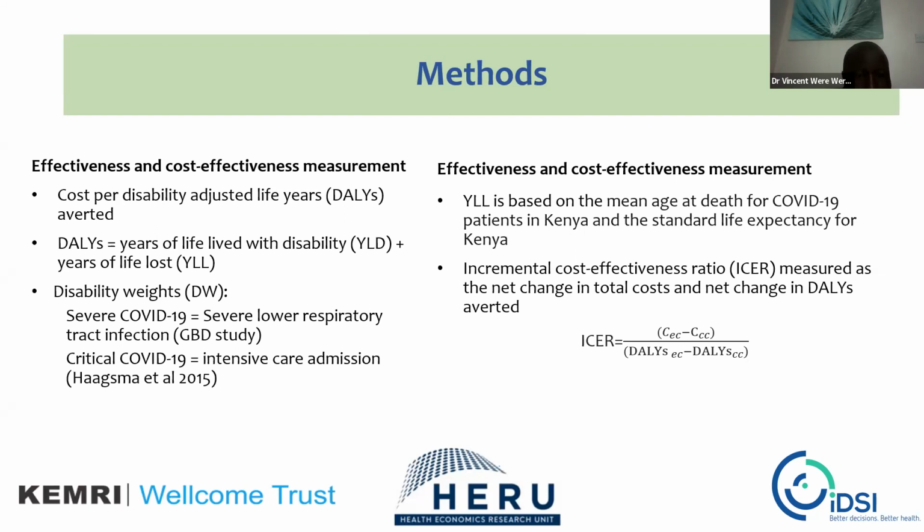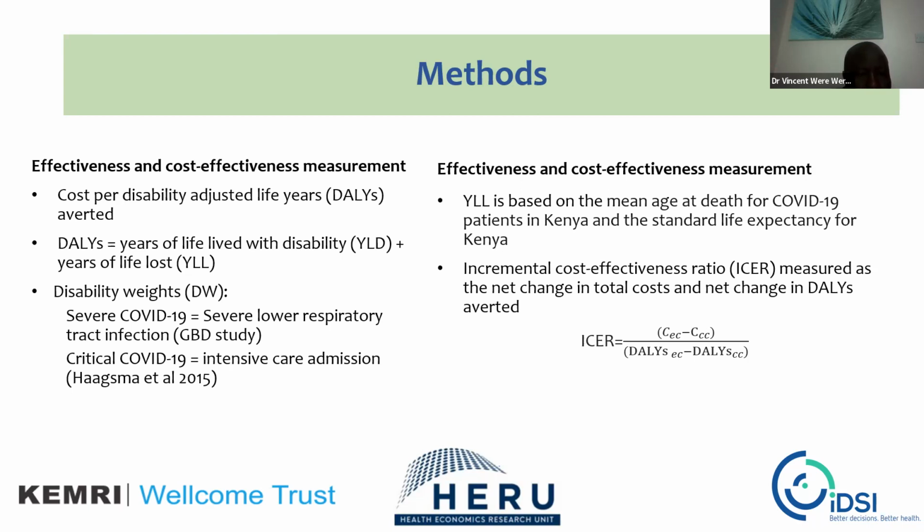And you look at the average life expectancy for Kenya. For instance, currently, a healthy person without disease will live up to 63 years. So if you have a COVID patient who dies at 55, then you might say there is almost 8 years of life lost. So the potential benefit of an intervention that is targeting morbidity and mortality is to have what we call a DALI.